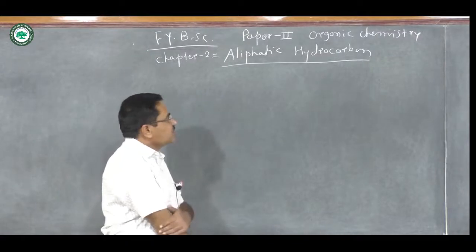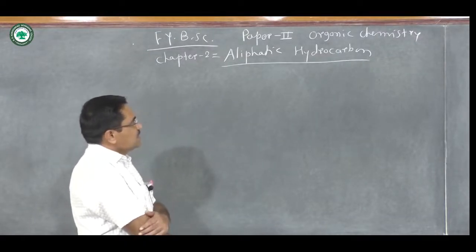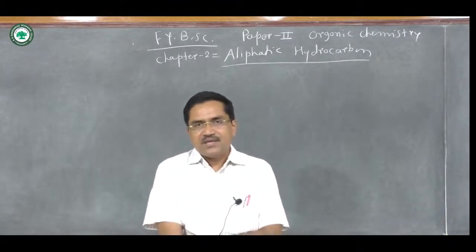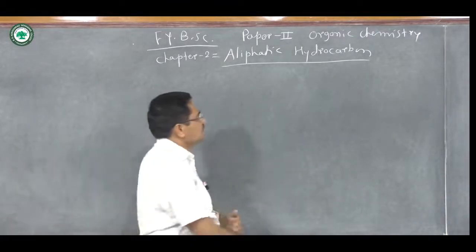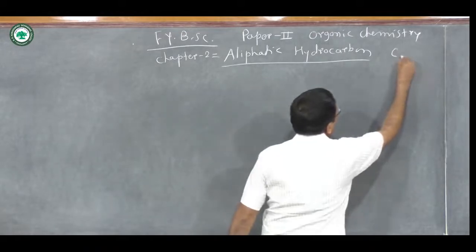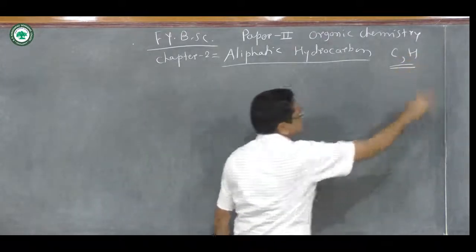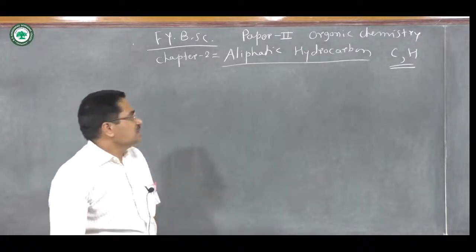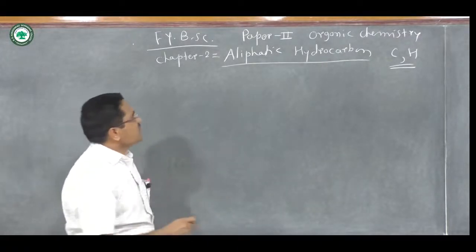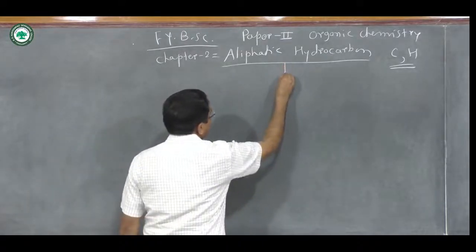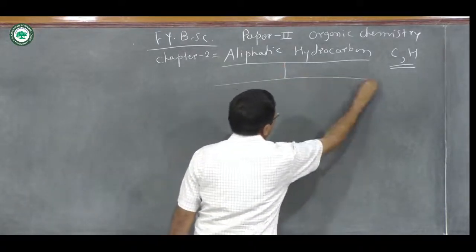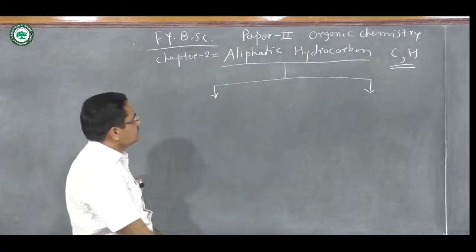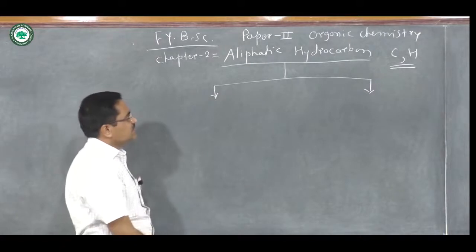An aliphatic hydrocarbon is nothing but a compound other than an aromatic compound, with only carbon and hydrogen. Only carbon and hydrogen. Okay? This topic we will start with aliphatic hydrocarbon and their classification.